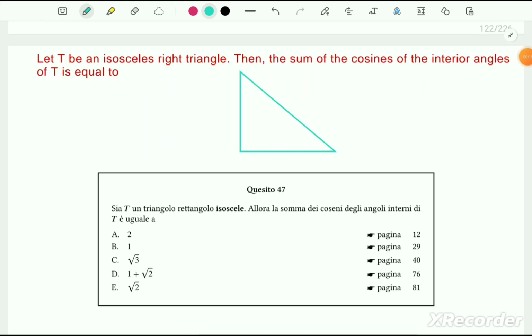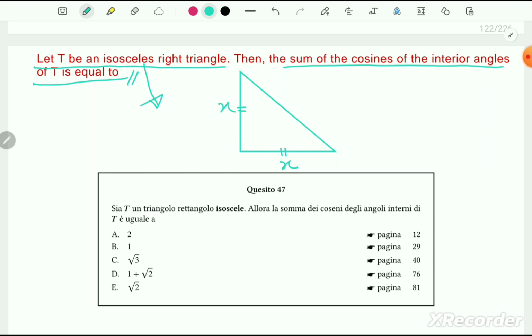Okay dear learners, so let T be an isosceles right angle triangle, then the sum of the cosine of interior angles of T is equal to, so isosceles right angle. So what is isosceles? Isosceles means the base and height would be the same. For example, the base is x and height would be also x.